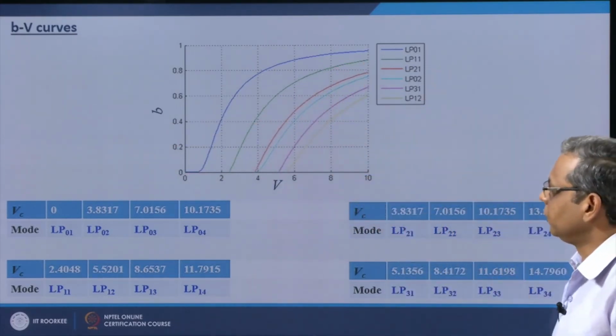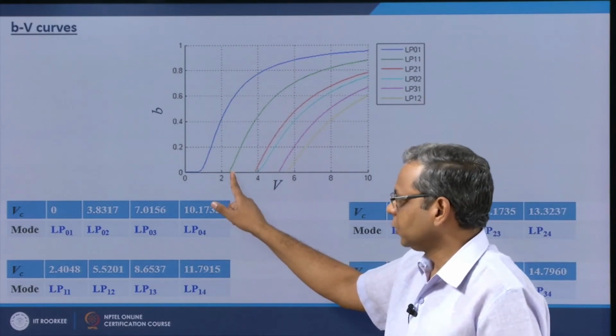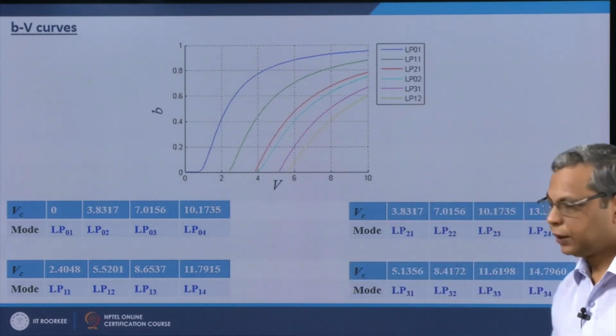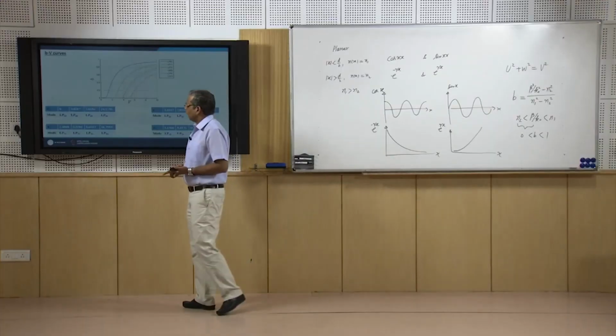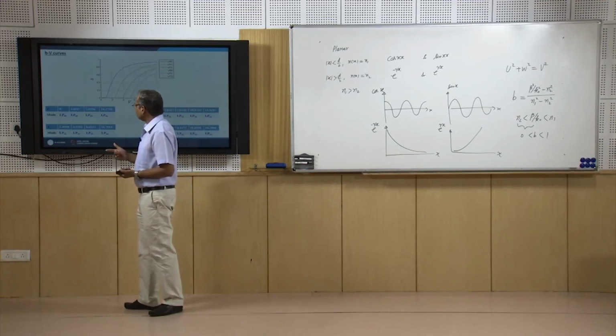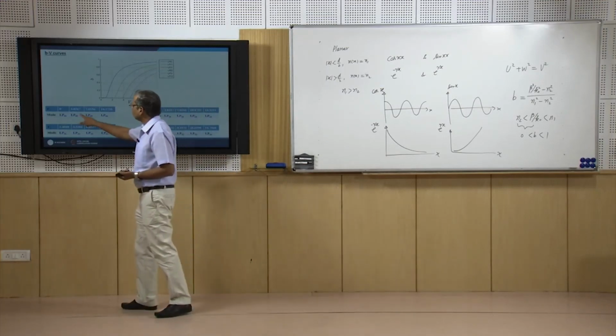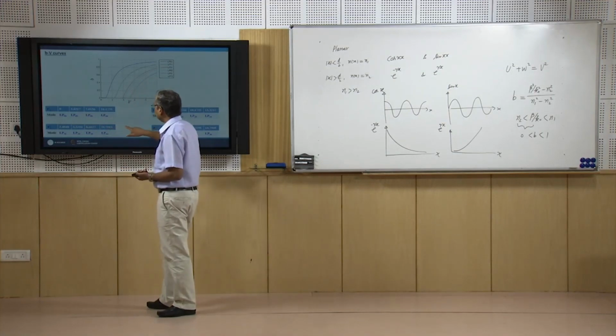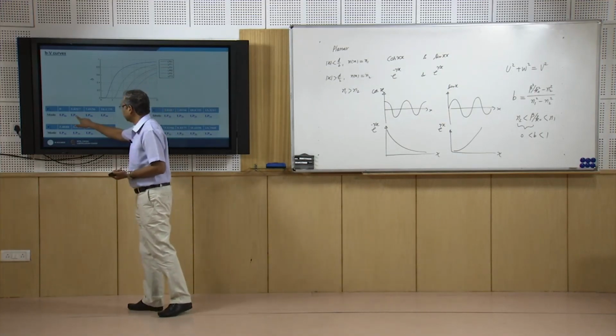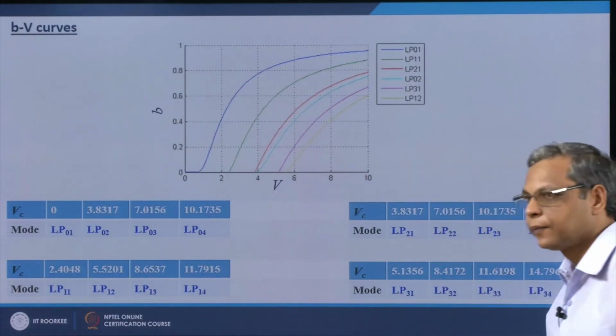So, this is LP11 mode and it is cut off at 2.4048. If I look for the next number, I find it is 3.8317 and it appears twice here, for LP02 and LP21.